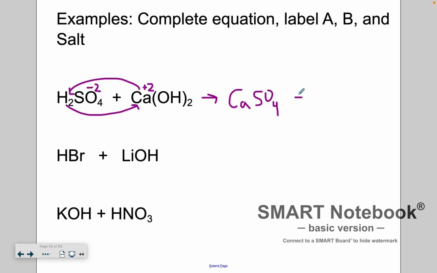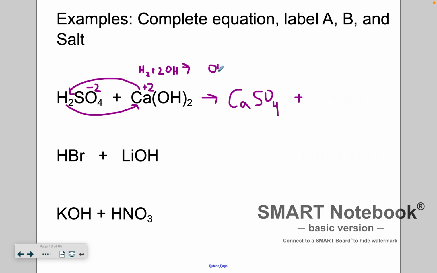But then I also end up with, I'm moving this H2 over. So I have this H2, so 2 hydrogens, plus 2 hydroxides. Right, that little 2 goes to everything inside the parentheses. So basically, I'm really going into depth here.